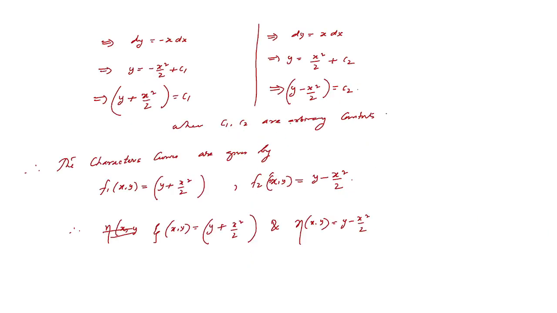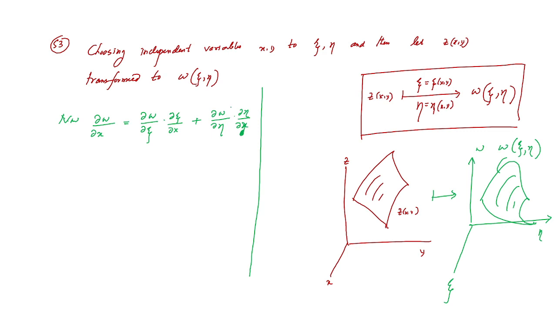So what are your xi and eta? xi(x,y) equals y plus x square by 2, and eta(x,y) is basically y minus x square by 2. So here del xi del x will be x, and del eta del x will be minus x.